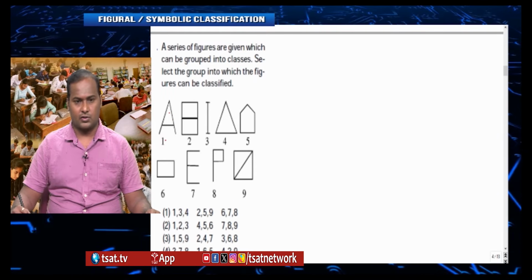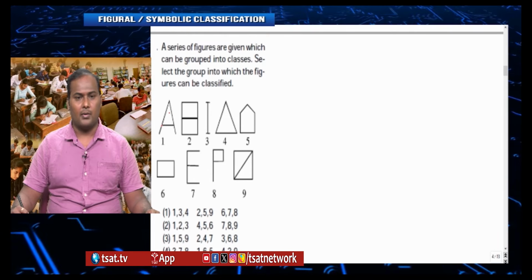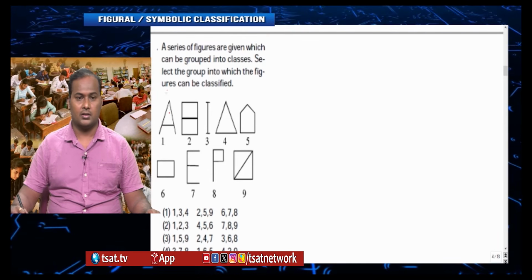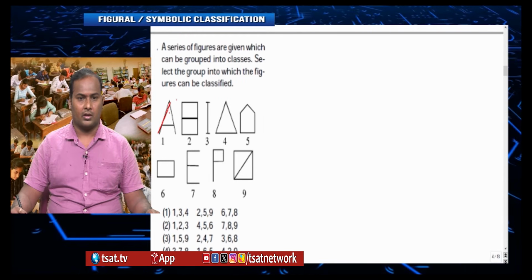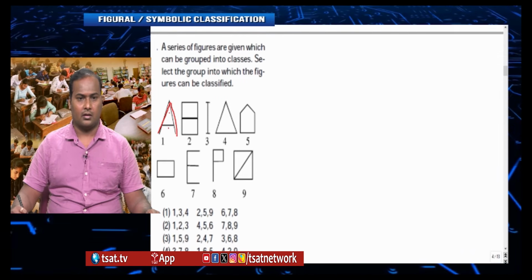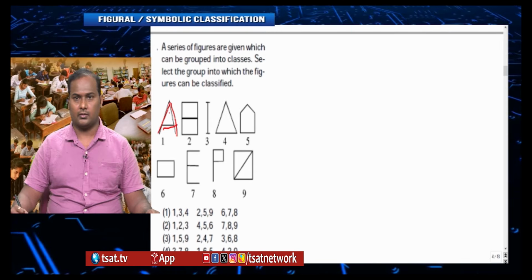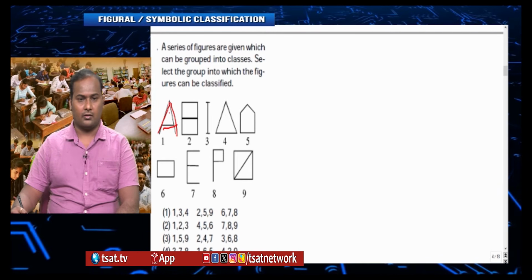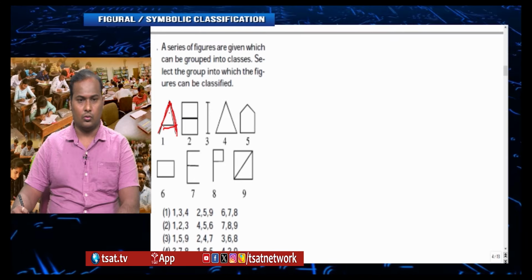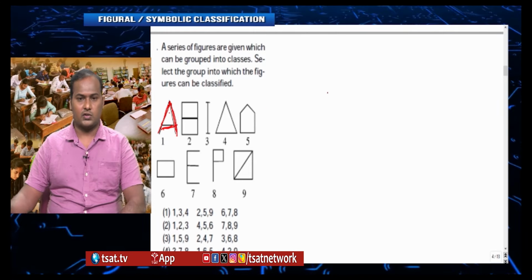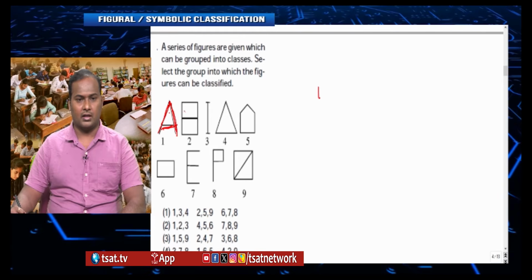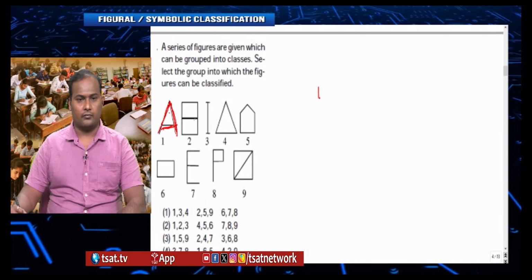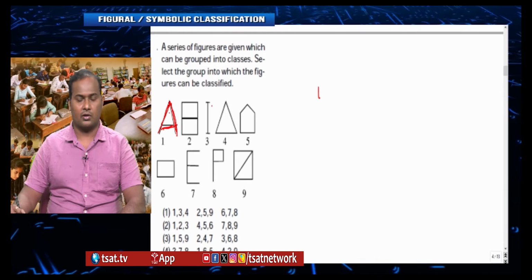For example, see the first one. How many lines are there? There are a total of 3 lines. In A, this is one line, this is the second line, and here it forms the third line. So the first one has 3 lines. In the second one, there are 1, 2, 3, 4, 5 lines, which is not possible.